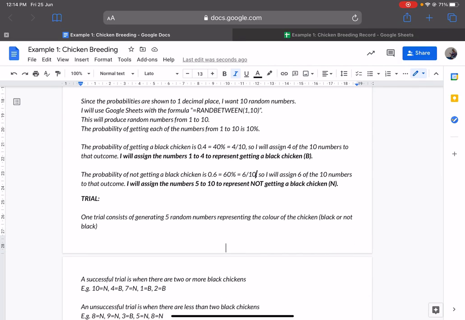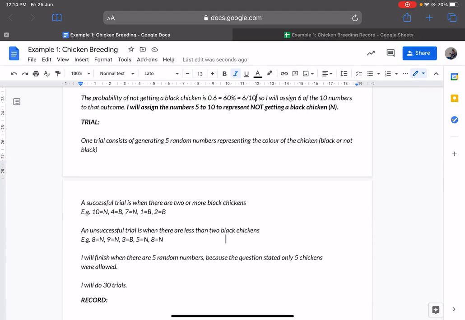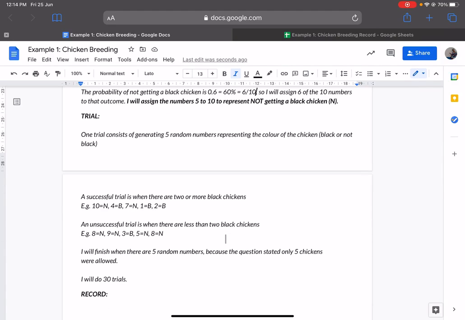And that's the idea of using a probability, assigning random numbers to a meaning based on that probability, and then running a simulation to see what those numbers turn out. So we've got to say what each trial in the simulation is going to look like, and then we're going to say how many trials we're going to do.